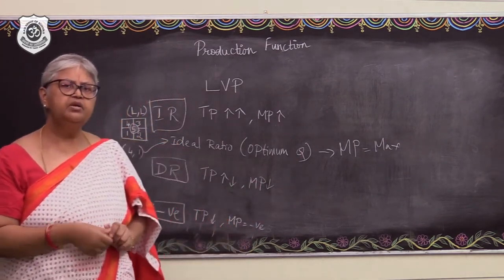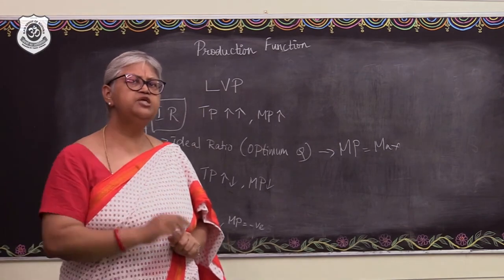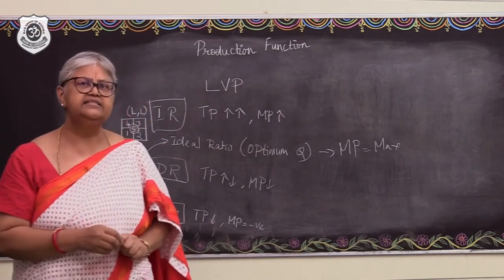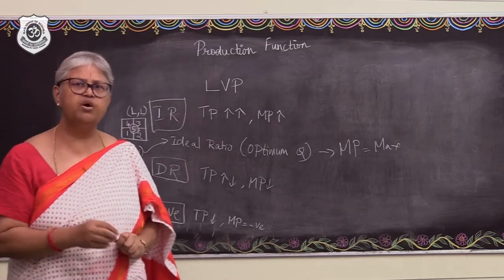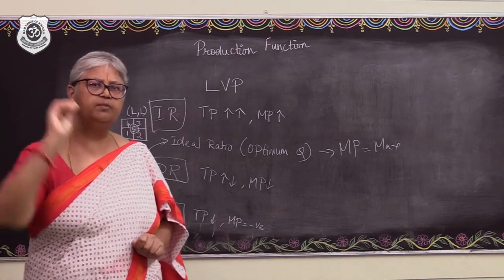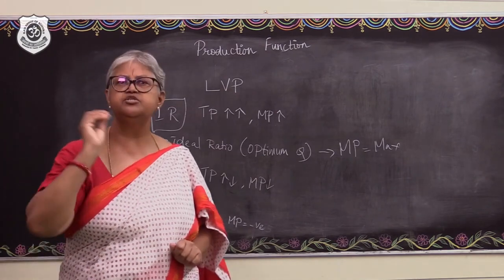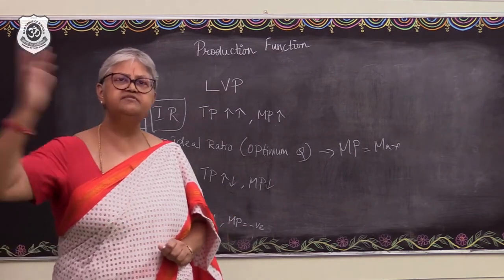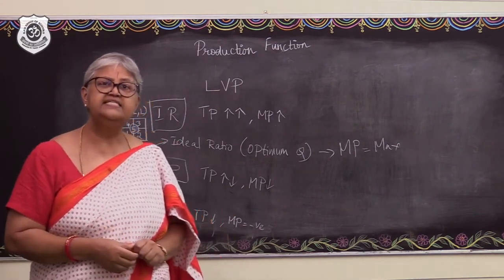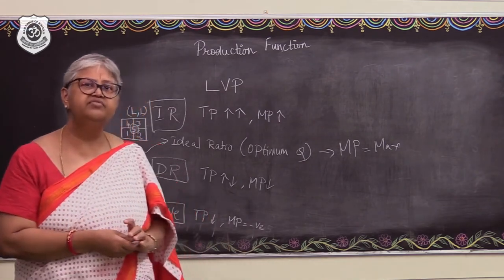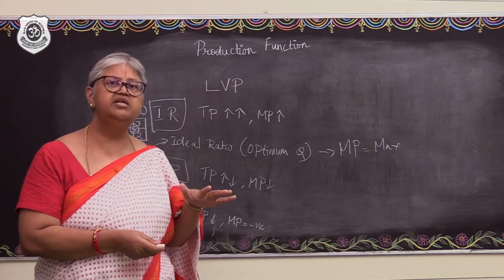Why again? The producers' objective is going to be maximization of the returns, maximization of the profit. Yes, maximization of profit is one basic objective of any production unit. Of course, there could be multiple objectives in the long time period. But in the short time period, for the firm to survive, it has got to break even.